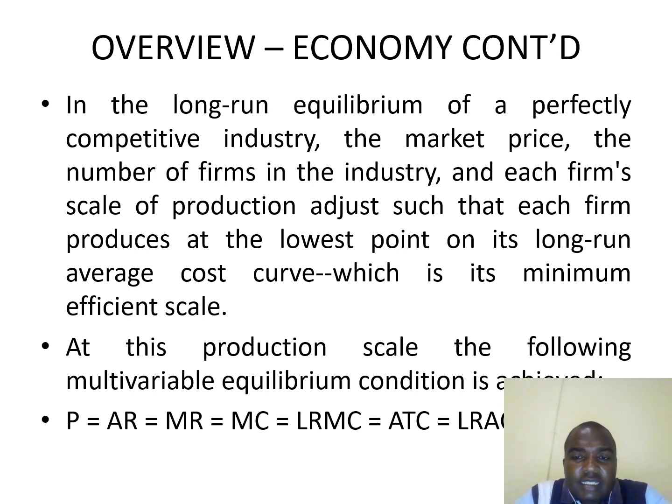At this production scale, the following multivariable equilibrium obtains: price will be equal to the average revenue, which is our horizontal demand curve, which is coincidentally equal to marginal revenue, which will be equal to our marginal cost, which is equal to our long run marginal cost, which is equal to our average cost, which is equal to, in turn, our long run average cost.